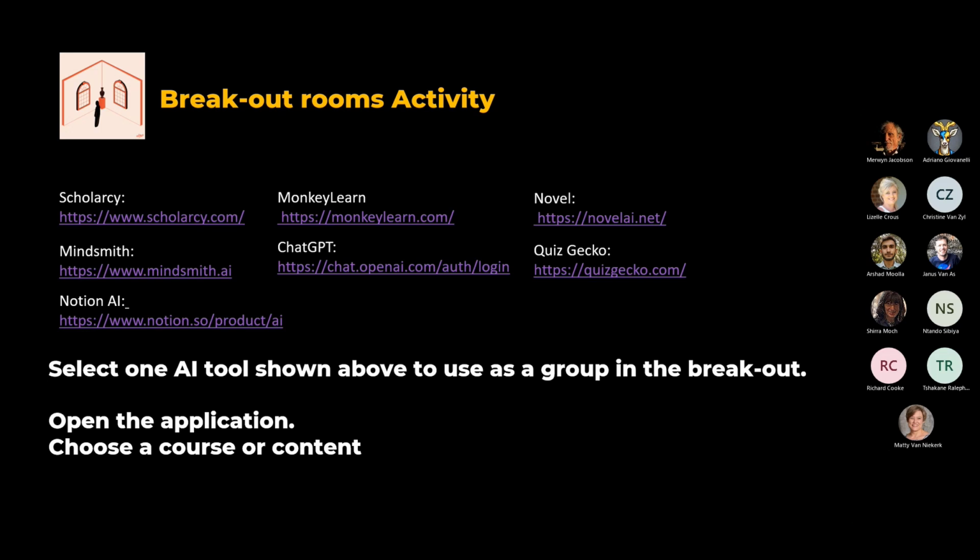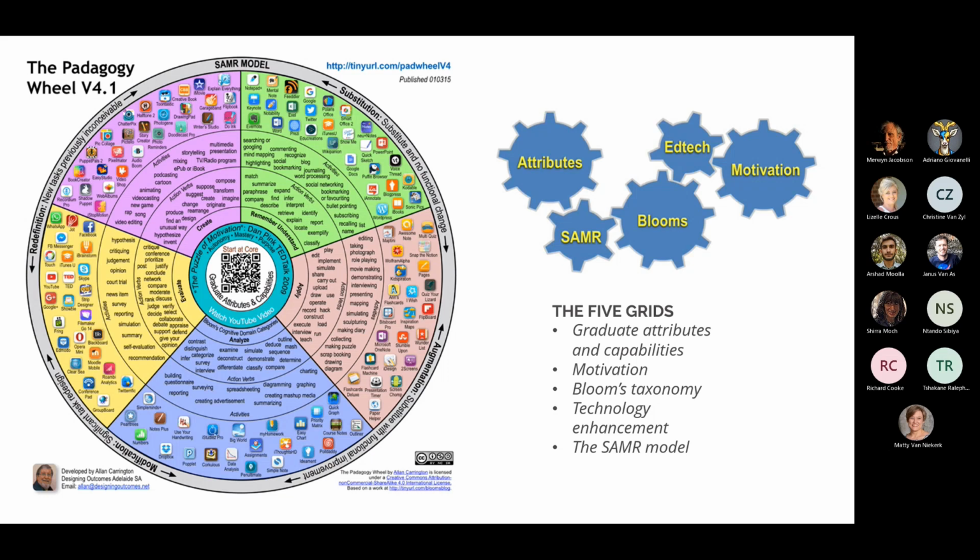Looking at both the questions and the wheel, it appeared to fit in the analyze and evaluate lens, as it provides the capacity to summarize, provide a synopsis, and provide the key points of a research article.